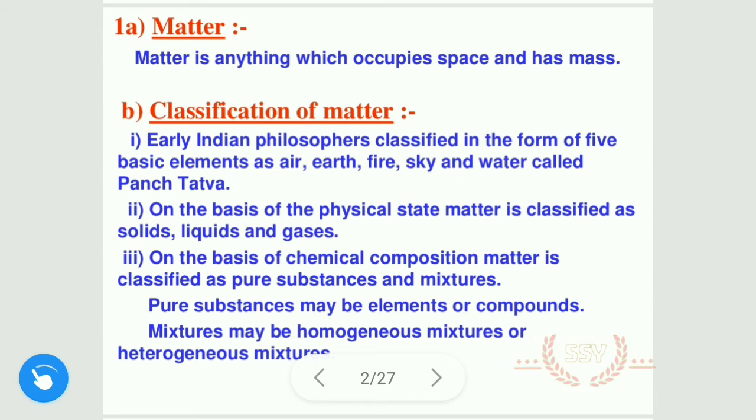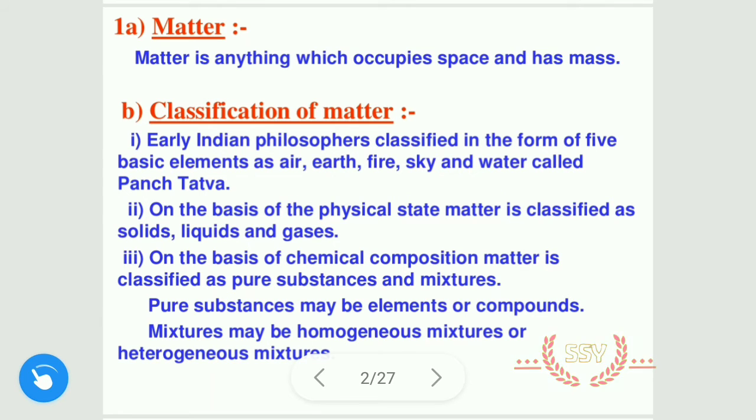Matter is classified into five forms according to Indian philosophers, that are earth, air, fire, sky, and water, collectively known as Panch Tattva. But in modern science, matter is divided based on physical and chemical state.